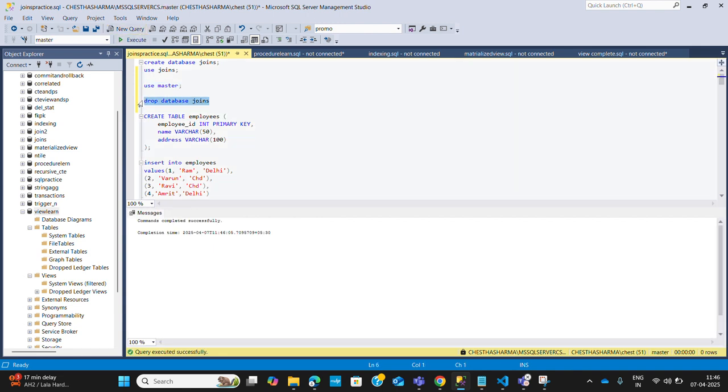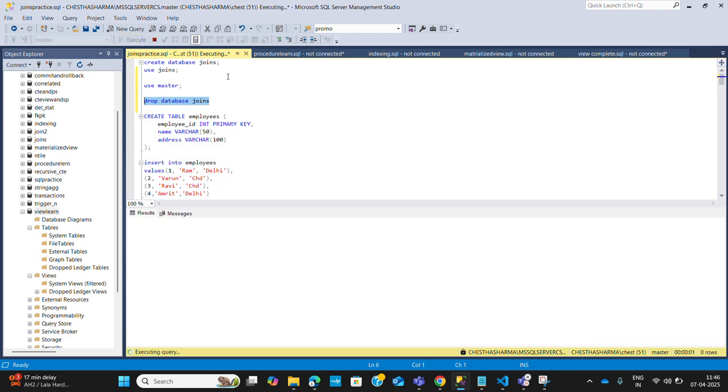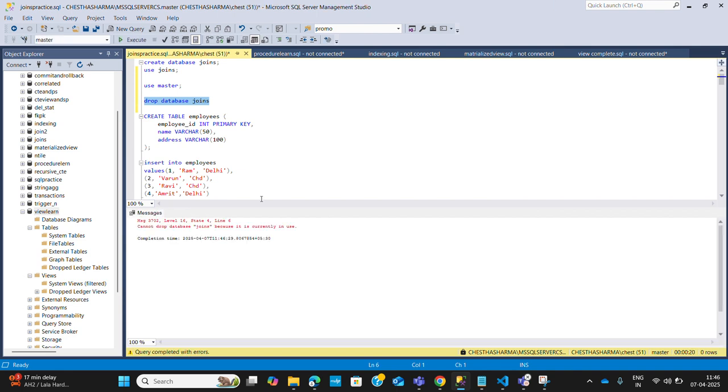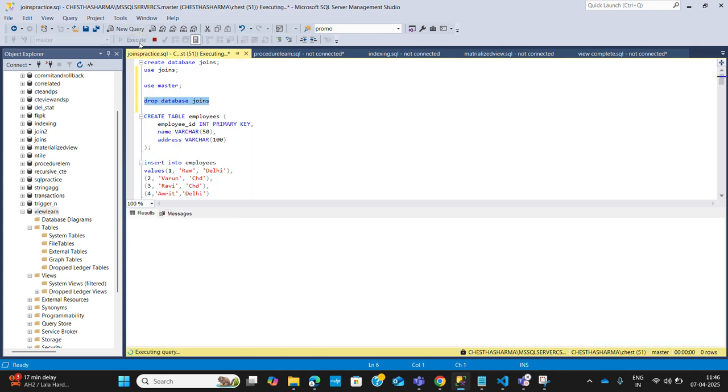After using this master database, I will use drop database joins. Currently it is in use, so first I have to execute use master and then I have to execute drop database joins.